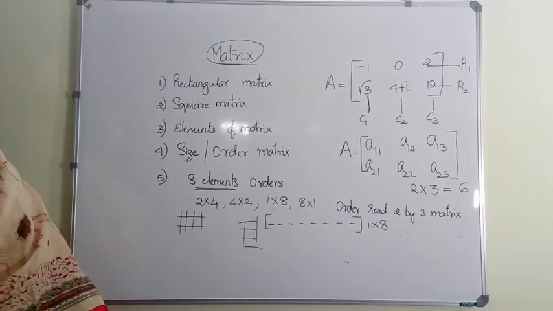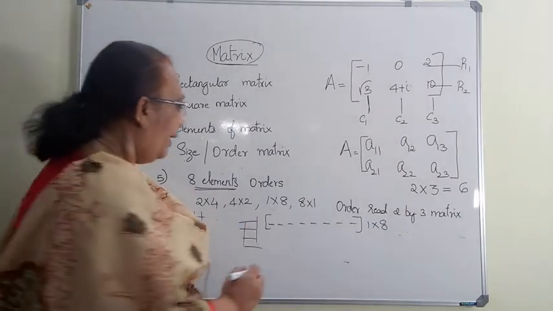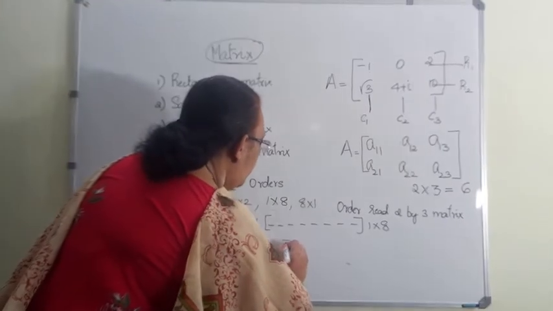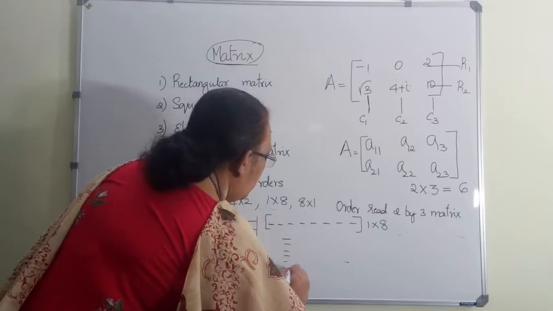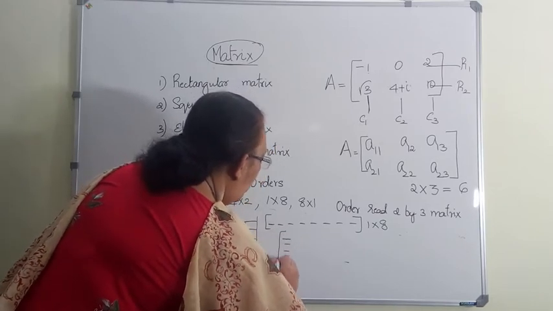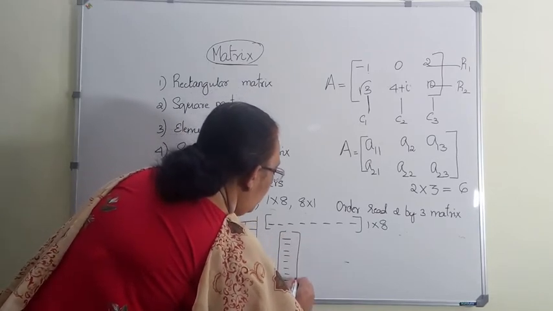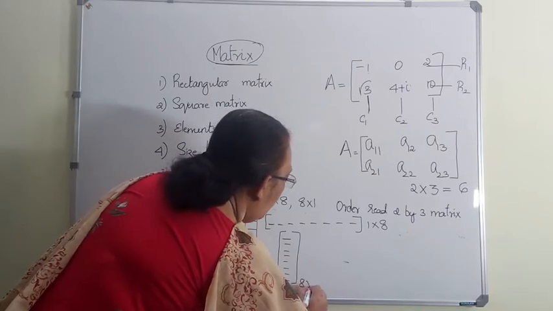And what is the meaning of 8 by 1? It has 8 rows and 1 column.